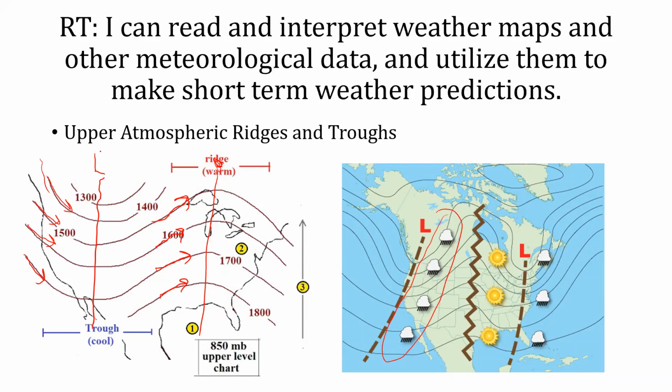So if you were asked to make a weather prediction based on upper atmosphere ridges and troughs, you would expect there to be cold temperatures here, warm temperatures here. You would expect there to be storms just off from the cold zone, and you would expect sunny skies just east of the warm zone.